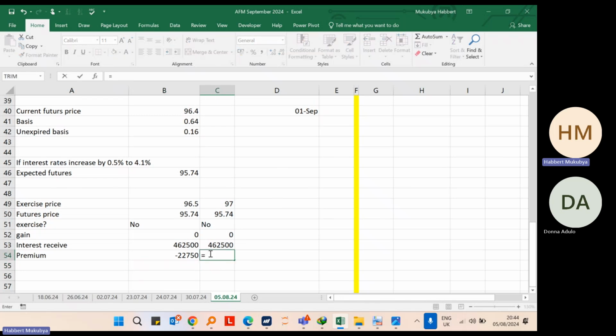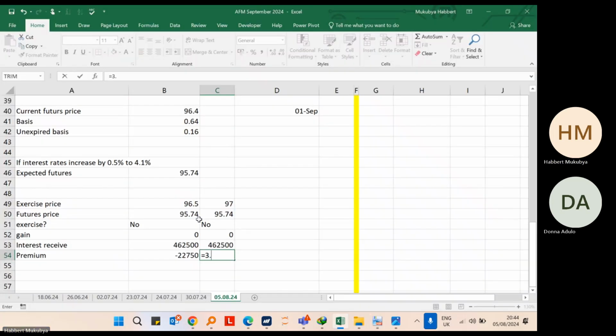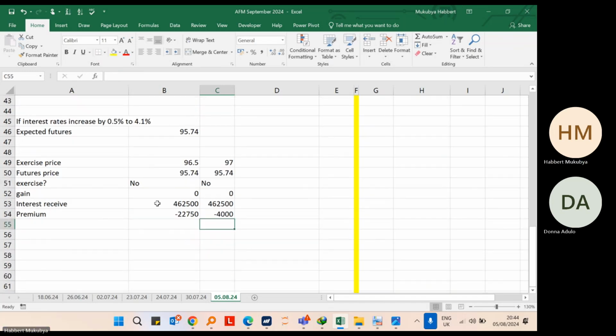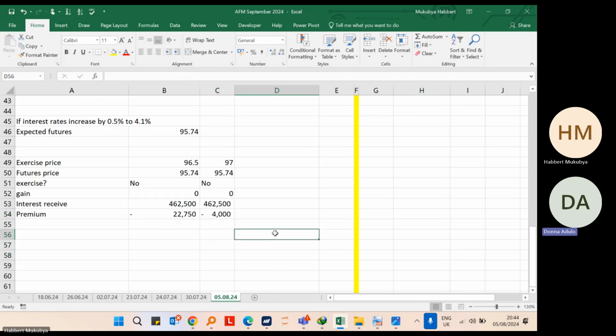Then here for the one of 97 is going to be 3.2 multiplied by 25 multiplied by 50 contracts. You're moving a little fast.